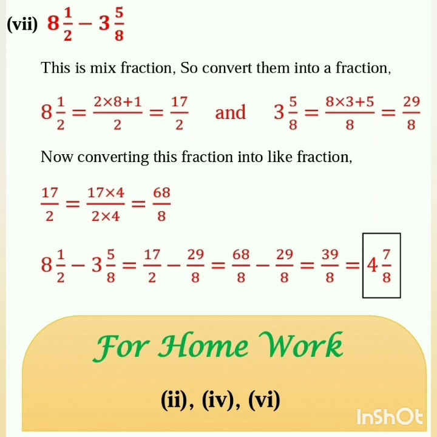Now 8 integer 1 by 2 minus 3 integer 5 by 8 is equal to 17 upon 2 minus 29 upon 8, which is equal to 68 upon 8 minus 29 upon 8, which is equal to 39 upon 8. Now convert this fraction into a mixed fraction, which is equal to 4 integer 7 upon 8. It's clear, everyone? Very good.